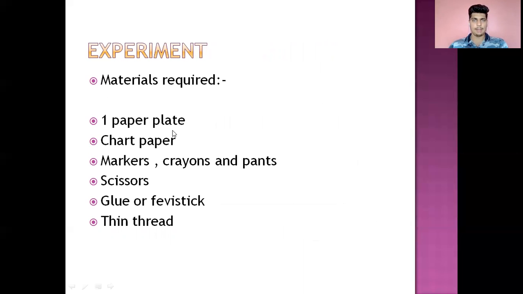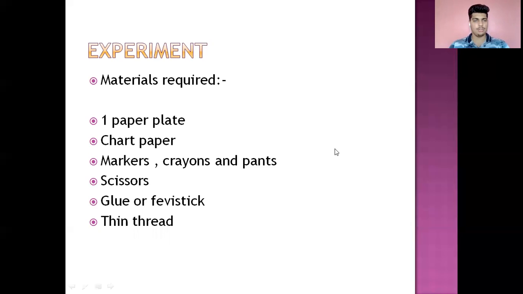One paper plate, a simple paper plate, then a chart paper which you may get in any stationery shop nearest to your home, then marker, crayon and paints which will usually be available at your home, or you can buy them from your nearest stationery shop. Then scissors, which you obviously have at home. Then glue or Fevistick, which will be required for sticking. Then a thin thread, through which we are going to hang it.